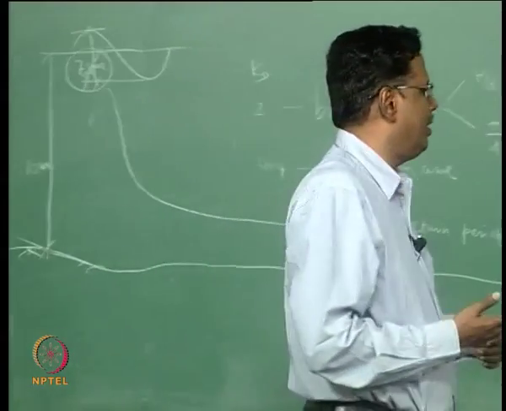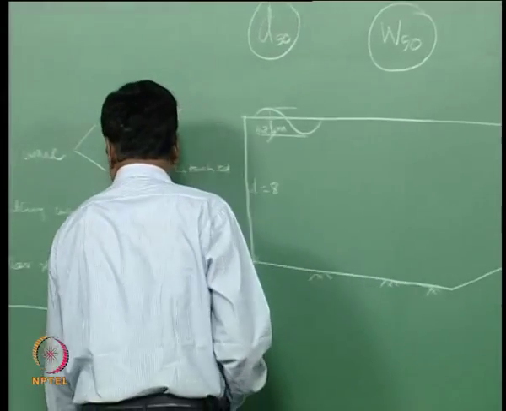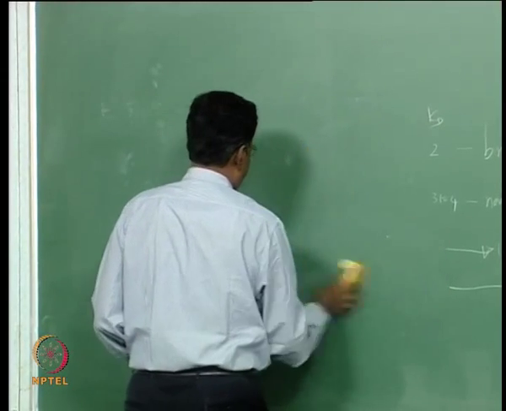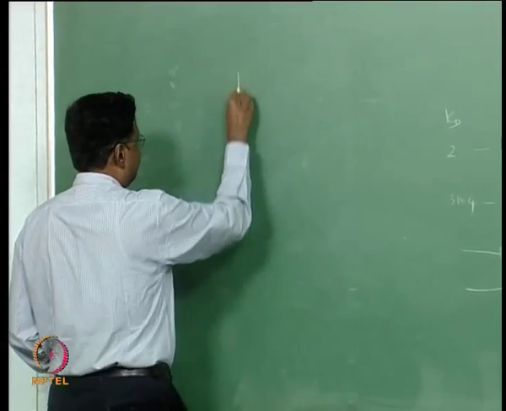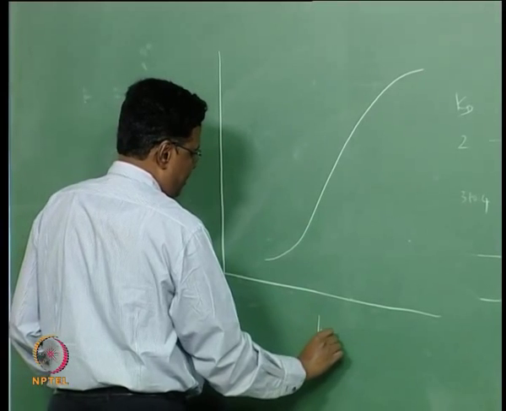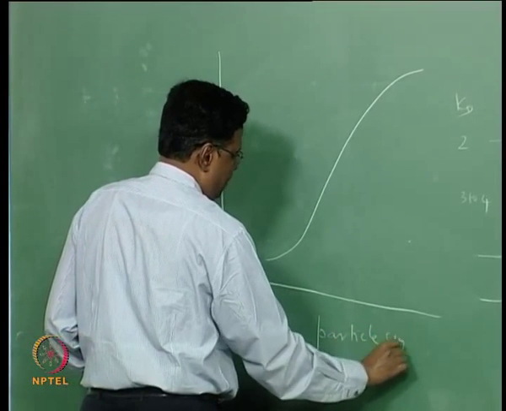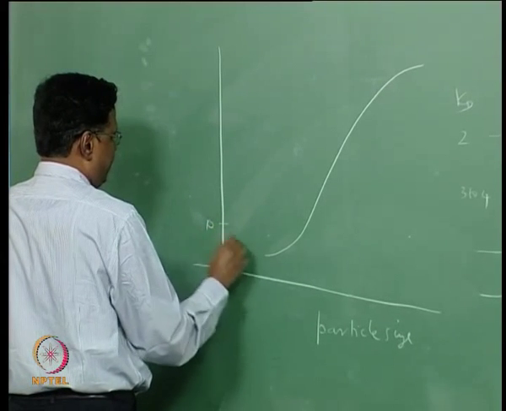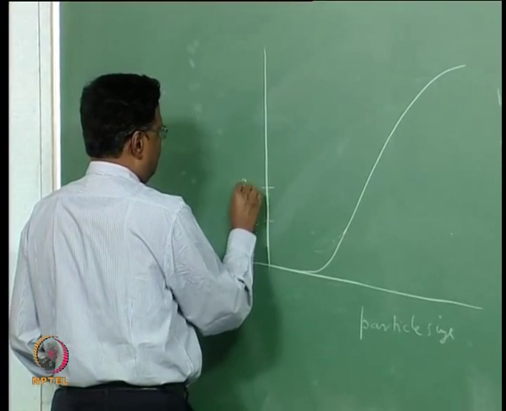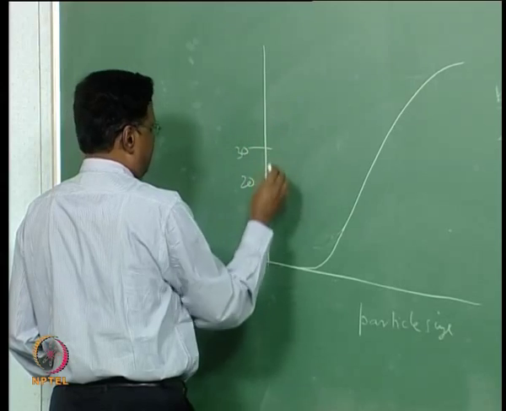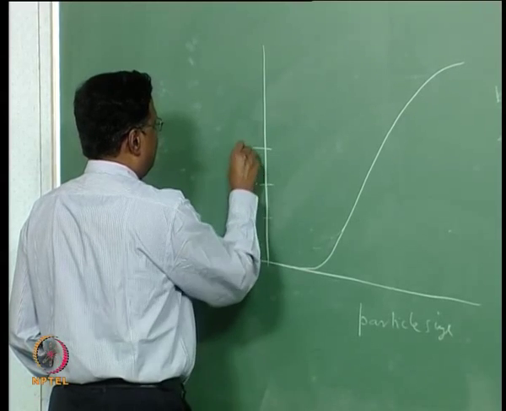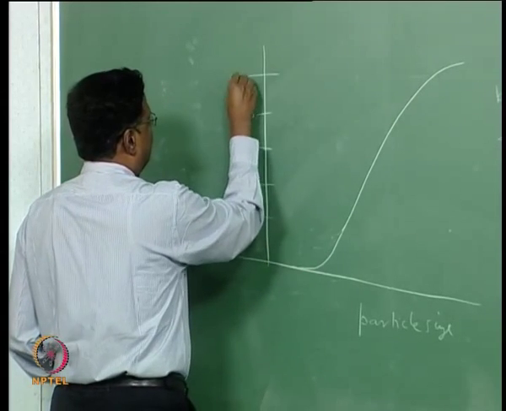And that curve is something like this. This is the particle size, this is percentage passing. 20%, 30%... 20, 40, 60, 80 and 100.